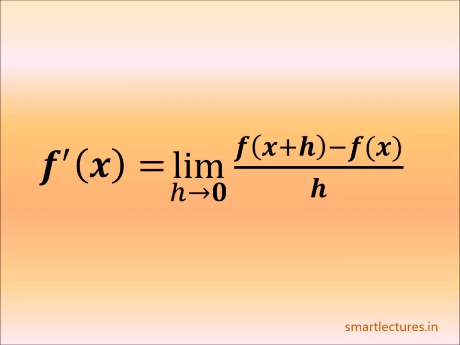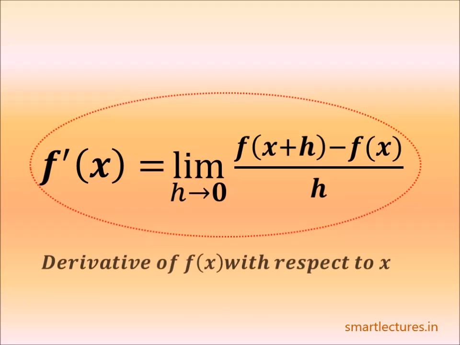It is called the derivative of the function f at the point x, and it is denoted by f dash x, or we also write it as the derivative of f of x with respect to x.